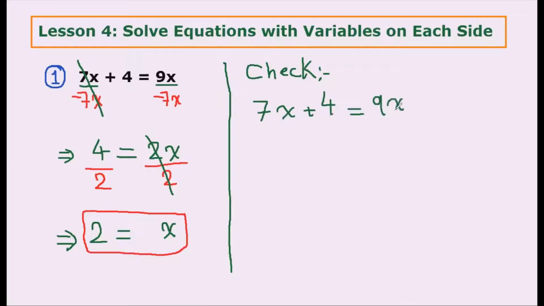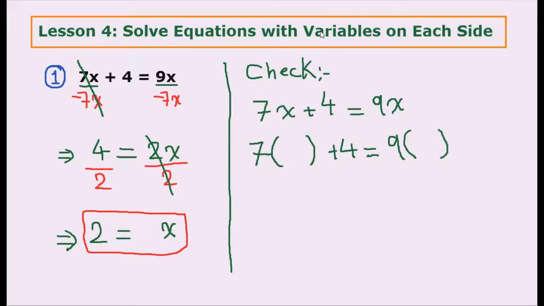Then rewrite again, but this time, instead of writing x, open parentheses. 7 times parentheses plus 4 equals 9, and we have an x. We do not write x, we write parentheses.